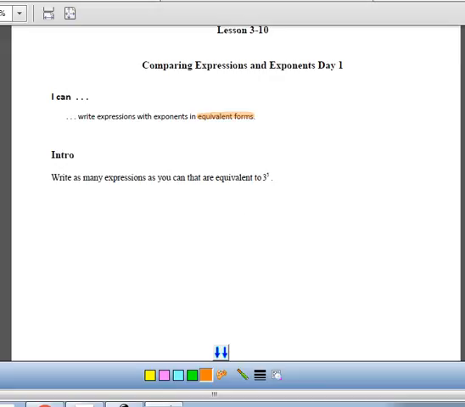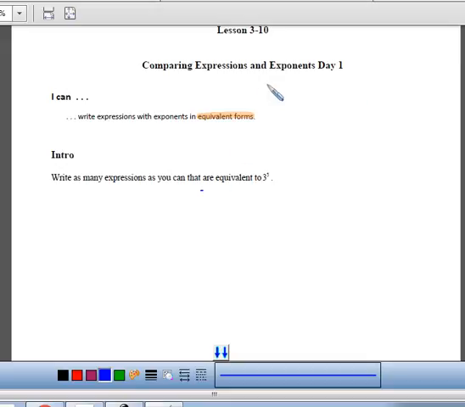All right, so let's write that down because that's kind of a big idea. We all know what equivalent means, but these are the same value. That's what we're talking about.